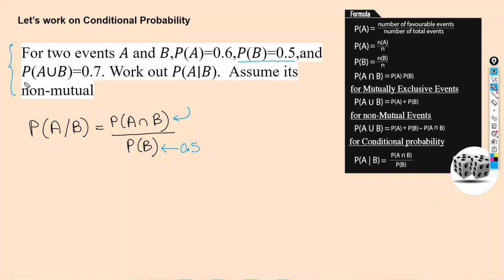Remember, this is not intersect, this is the U. We need the one with the upside down, the rainbow, not the letter U. But that shouldn't be a problem, because if it's non-mutual, remember I said we could use this formula. So by using this formula, maybe we could calculate A intersect B with a little bit of transposing.